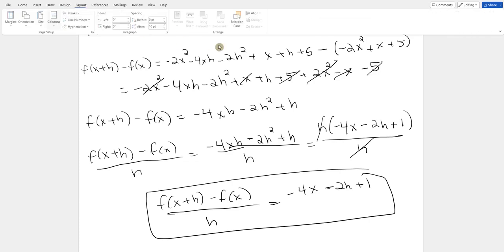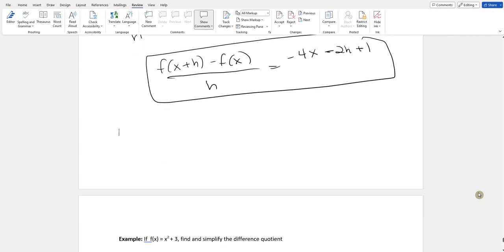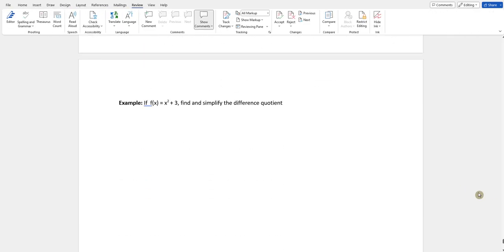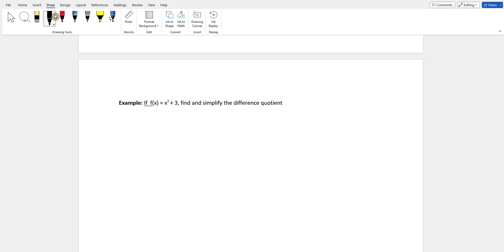All right. So the last problem, we're going to do the same thing. We have f of x is equal to x squared plus 3. We're going to find the difference quotient. The first thing I'm going to do is calculate f of x plus h. Whenever I see an x, I'm going to plug x plus h in. And then I'm going to go ahead and FOIL this out.